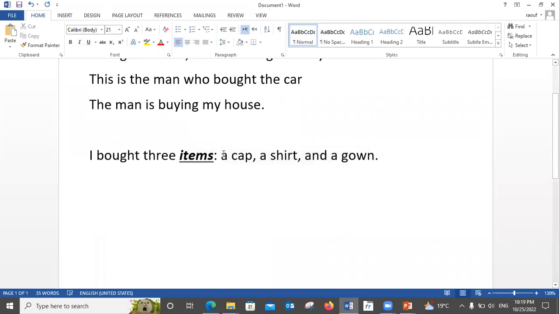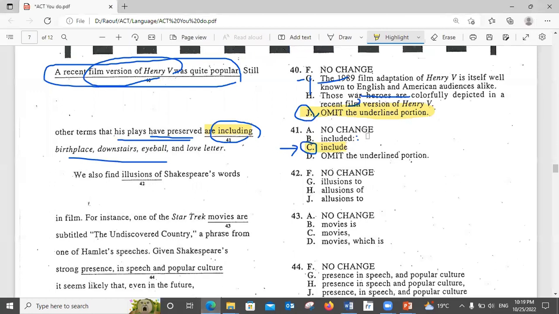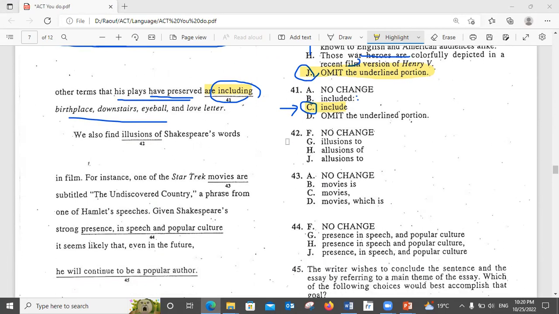So I'm using the colon here to introduce a list. If I use the colon and the word include, I'm using redundancy, because the word include introduces a list, and the colon also introduces a list. So if you use the word include with the colon, you are creating redundancy. Okay, I'll come back to you, honey. So the correct answer for 41 is C.